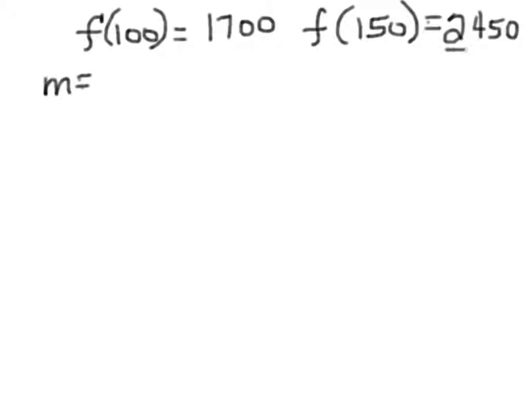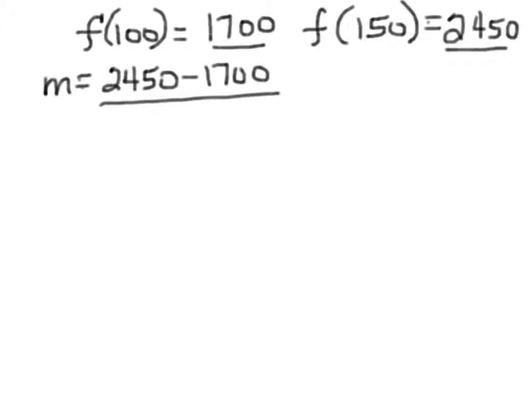Now, it is nice to come out with positive numbers, so I'm going to subtract in the order that will give me positive numbers, which means I have to start with this one, 150. When I subtract all of that, that gives me 15.